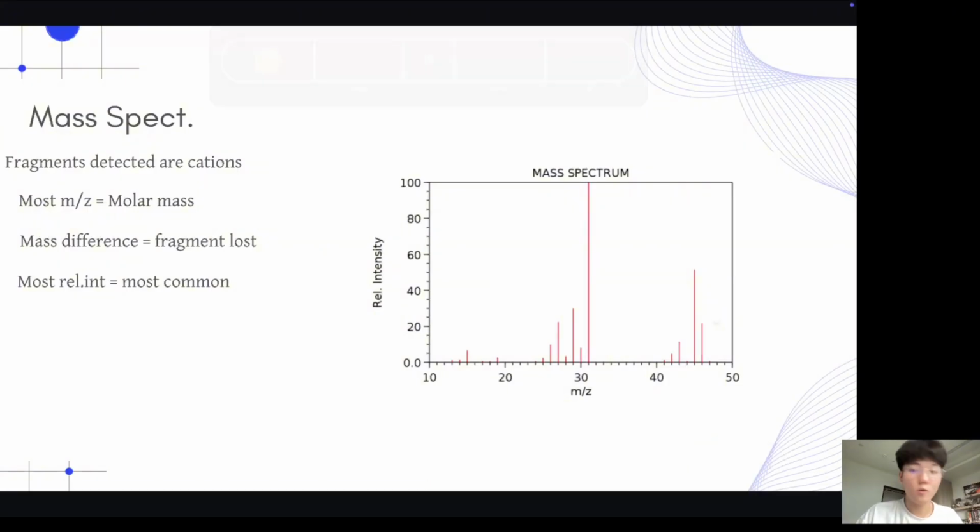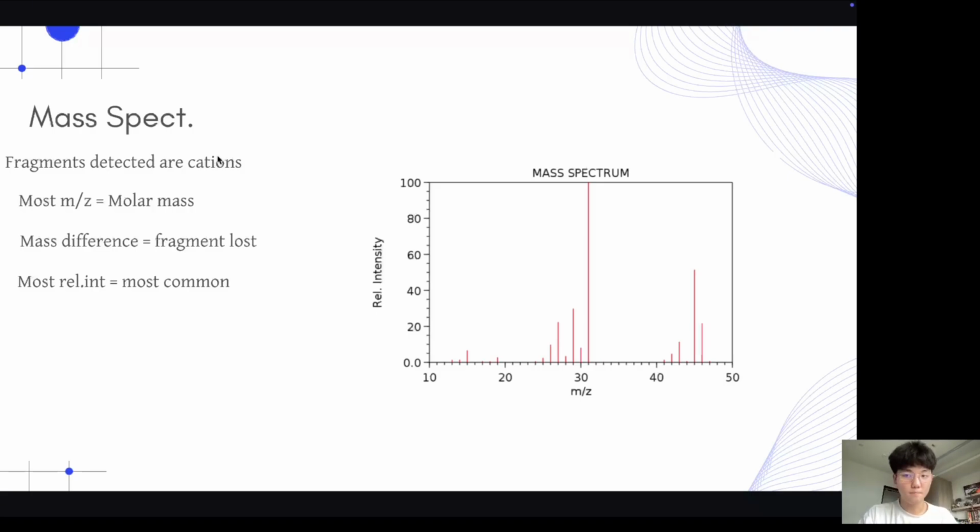Okay, now for mass spectroscopy. Well, mass spectroscopy works by firing an electron and ionizing an electron from the compound, and therefore it becomes a +1 charged cation. And this cation is more unstable, so it fragments into many different parts, and that's what the mass spectrum detects.